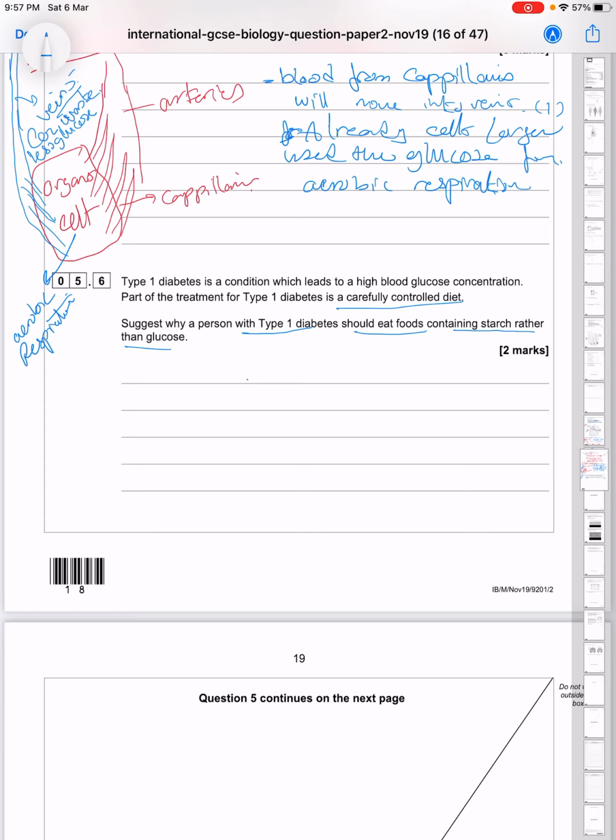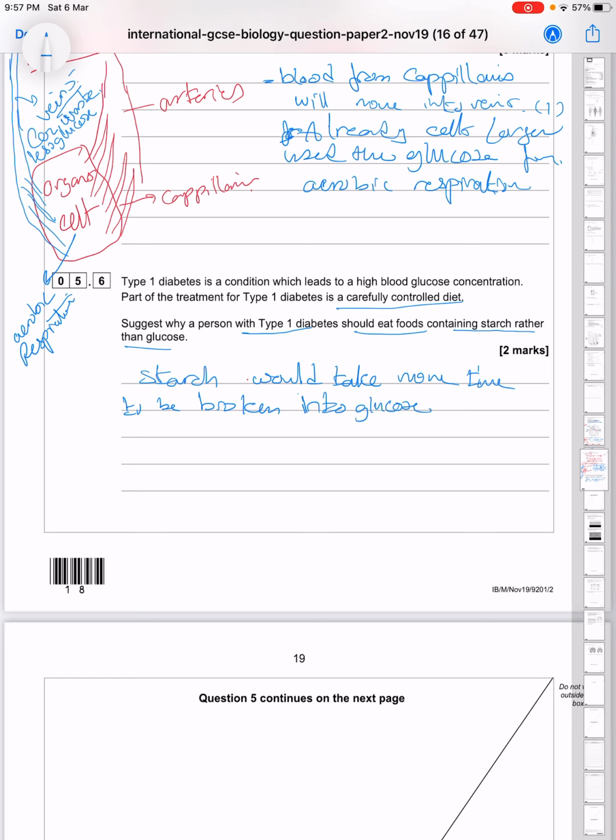Very simple, very easy. So starch would take more time to be broken down than glucose. Oh, it's going to be broken down into glucose anyway, right? But it's going to take more time, right?